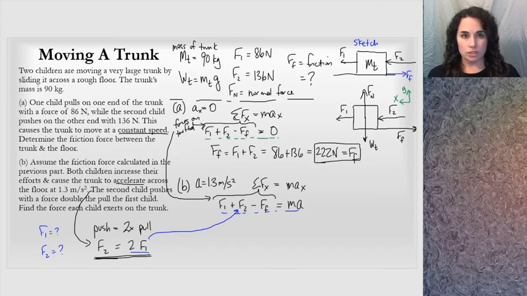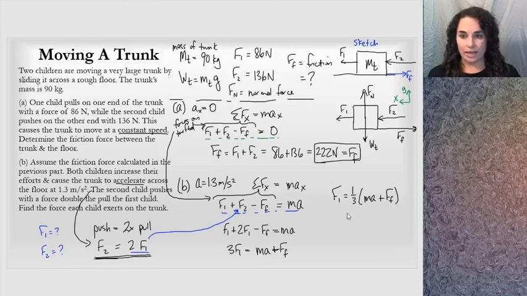So that gives me this equation, F1 plus 2F1 minus the force of friction equals ma. Well, we can see a factor of 3F1 gathering here. I want to solve for F1, so I'm going to move the force of friction over to the other side, plus the force of friction. And I'm going to solve for F1. F1 equals 1/3 of ma plus the force of friction.